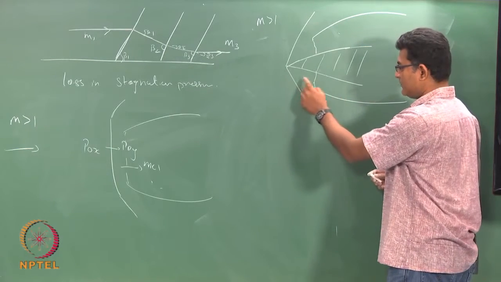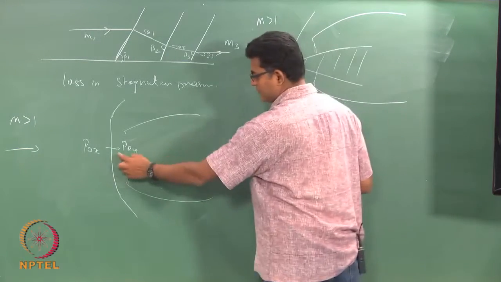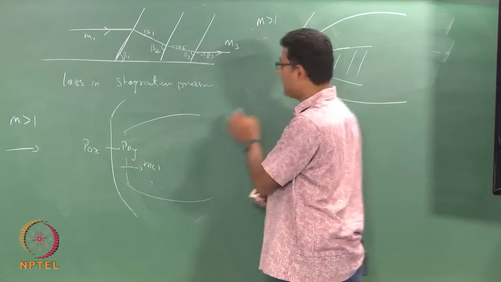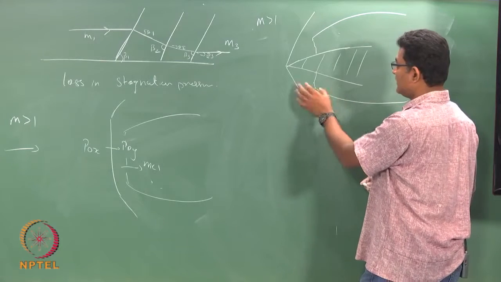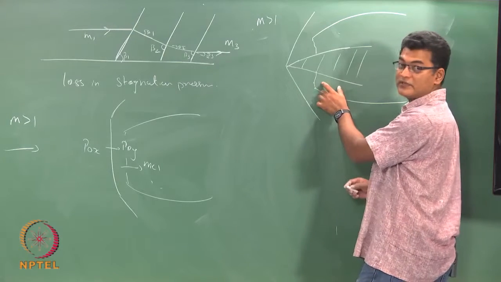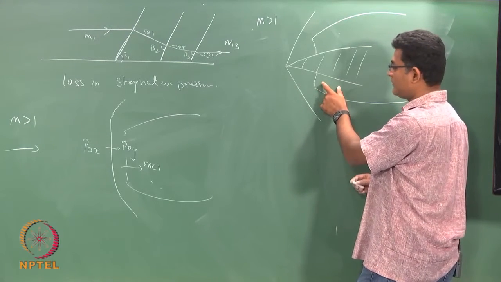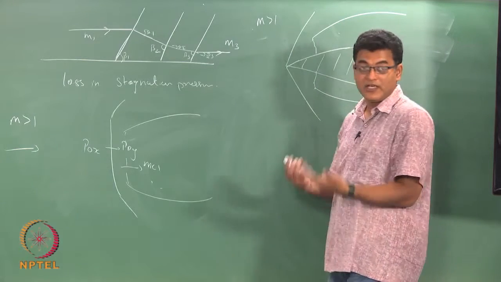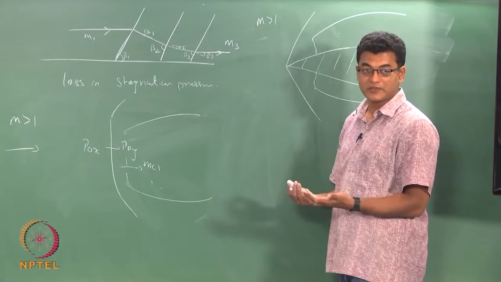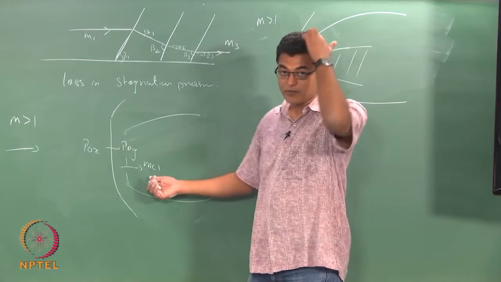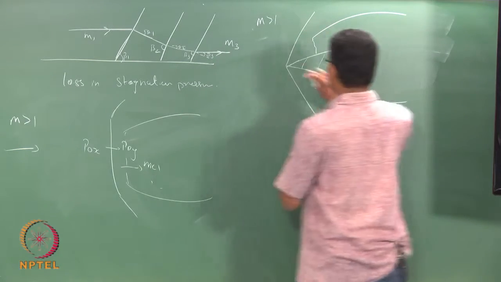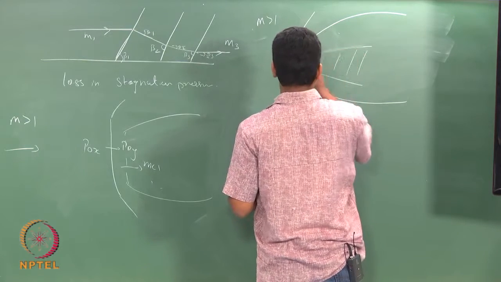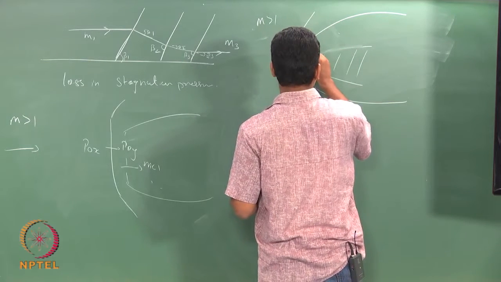So the pressure jump from P0x to P0y is done in a series of shocks. So your P0 you can reduce by a very minimal value, or you can retain your P0 as much as possible even when reducing your Mach number to something subsonic. So instead of these two shocks, I can have yet another series of oblique shocks.